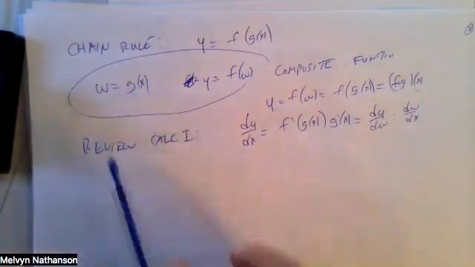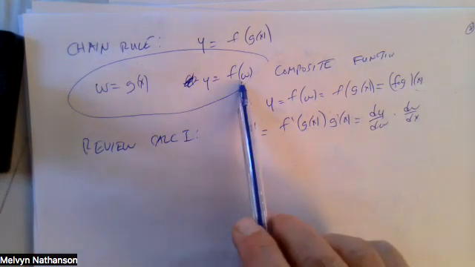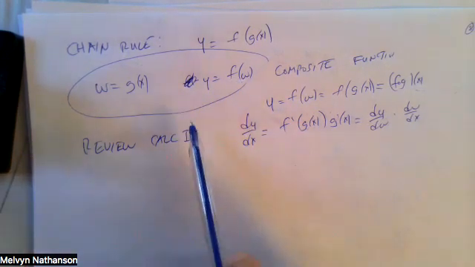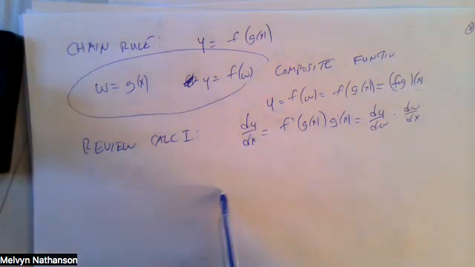If w is g of x, g prime of x is dw dx. If y is f of w, dy dw is f prime of w, or f prime of g of x.